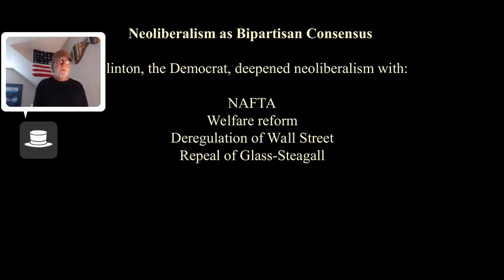Bill Clinton, who was the president after Ronald Reagan, after one term by Bush 1, through the 90s, Clinton was a neoliberal. And he basically, what I would say, normalized, deepened neoliberalism, made it widely acceptable.